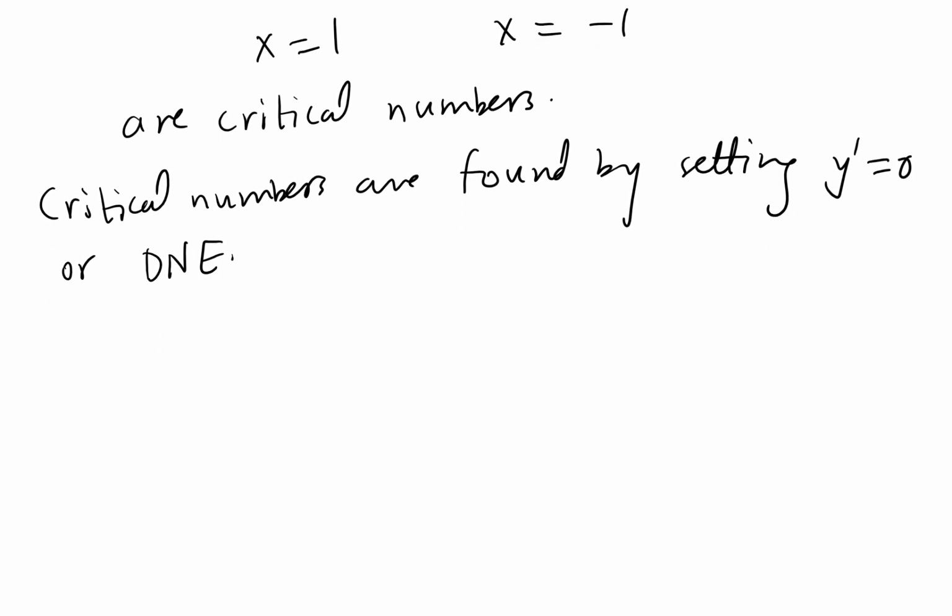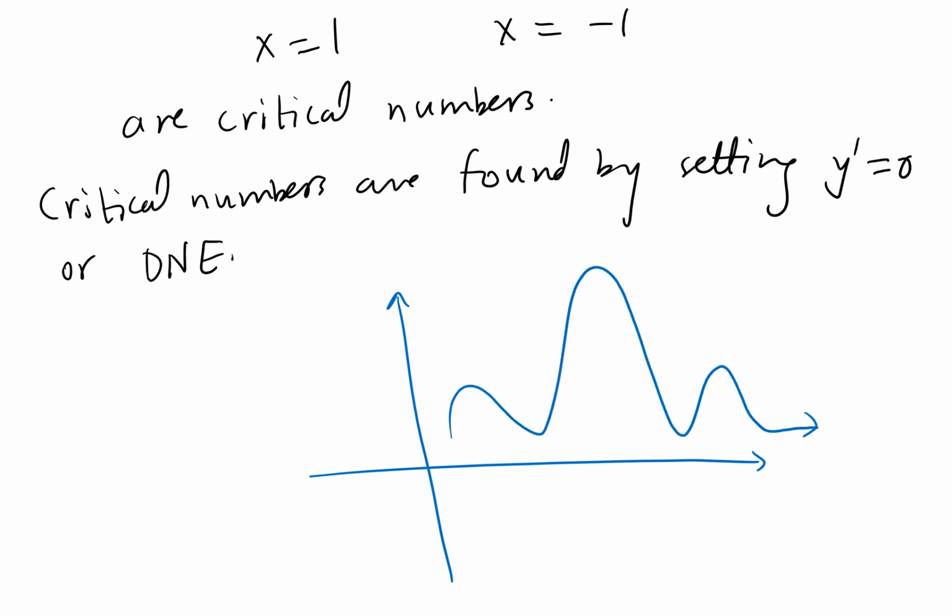Now, if we take a random graph for any function, say something like this, this is f. At these points, this point here, call it x equals a. At this point, b. At this point, call it c. At this point, d.